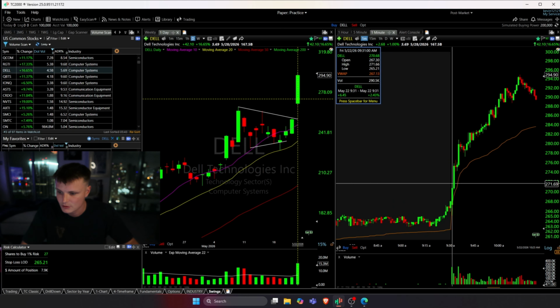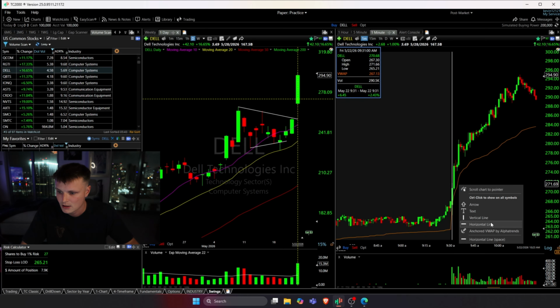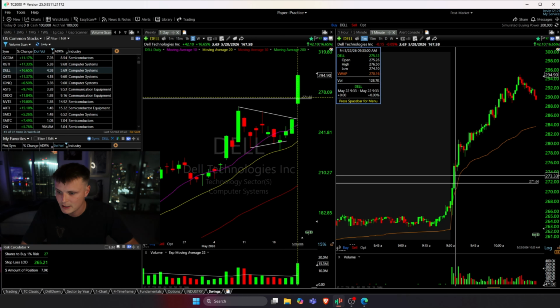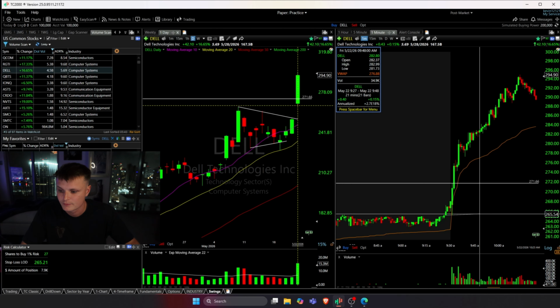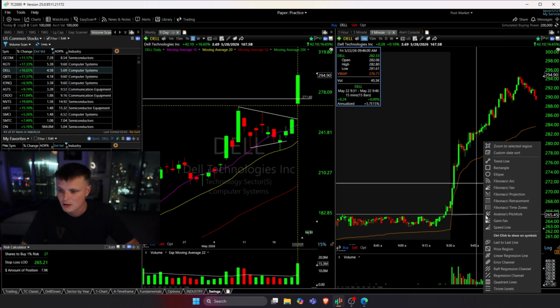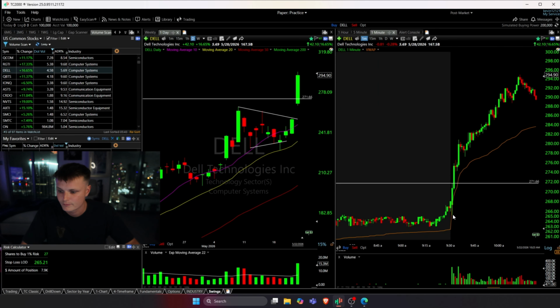Once the second 1 minute candle breaks this first 1 minute candle's high, and we've already confirmed that there's a lot of volume coming in and the stock's gapping up on the daily time frame, we can buy this stock and throw our stop loss down here at the day's low, right?